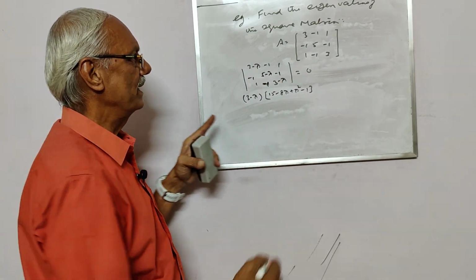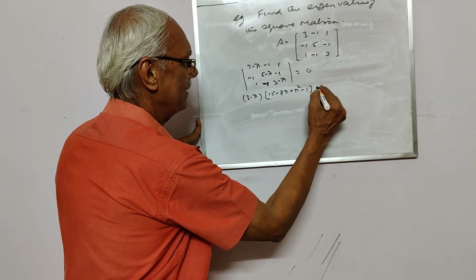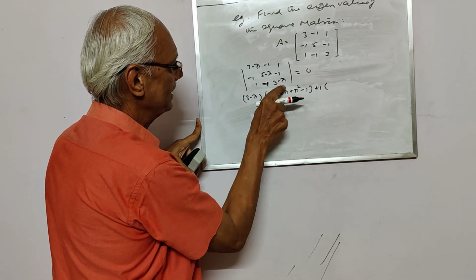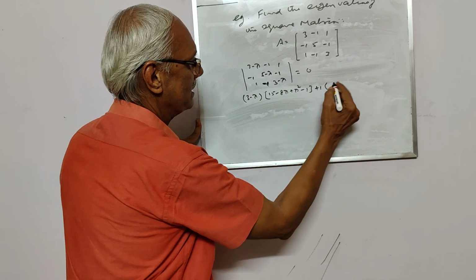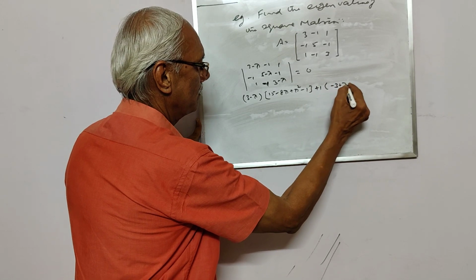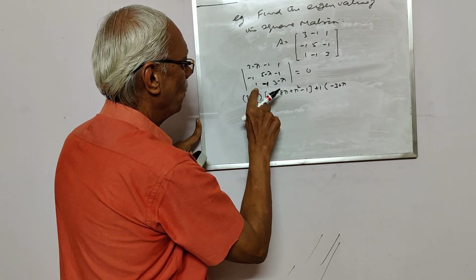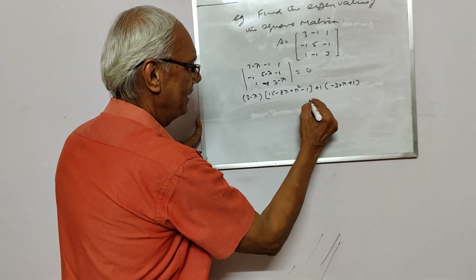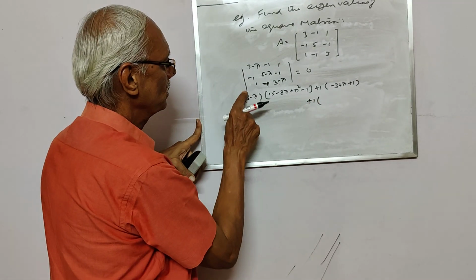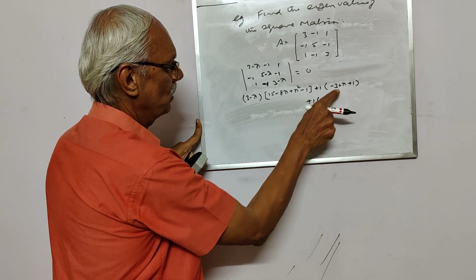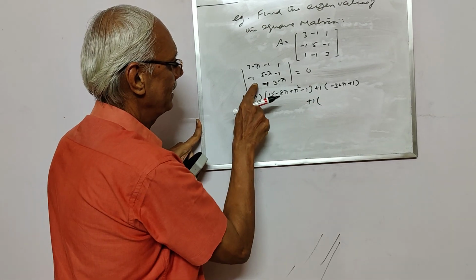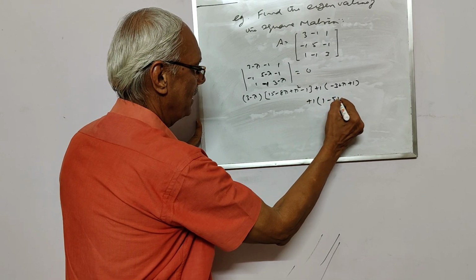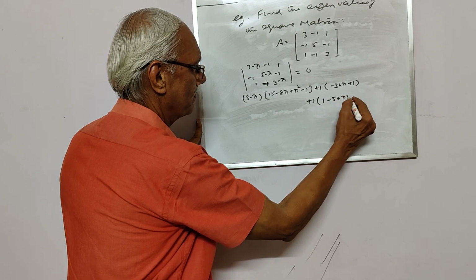Minus into minus is plus, and so on. Then the next terms: this is 1 into minus 1, then plus 1 into minus 1, plus 1 minus 5 plus lambda.